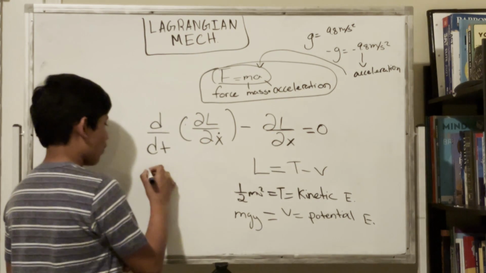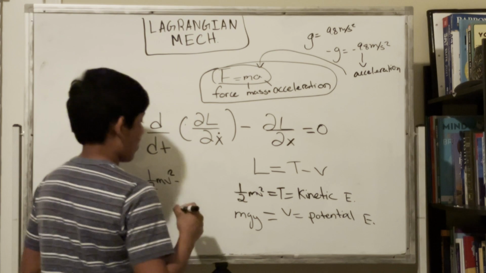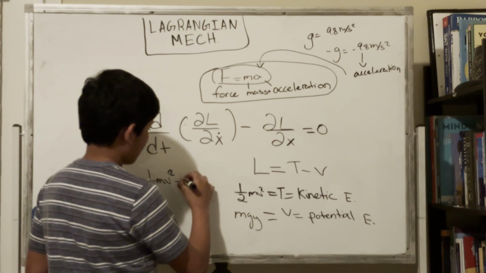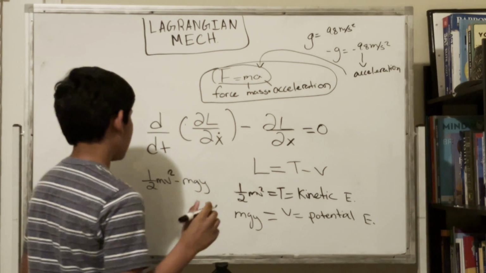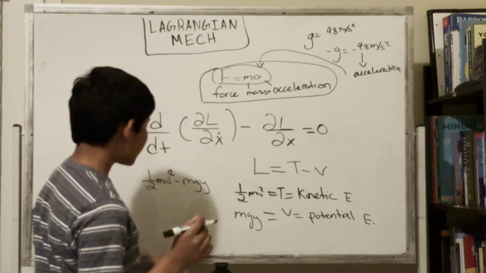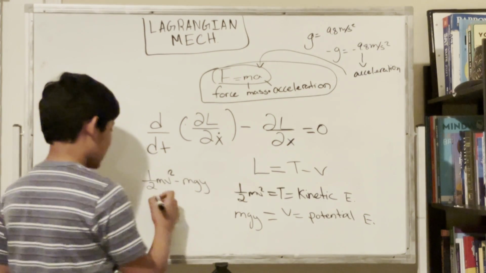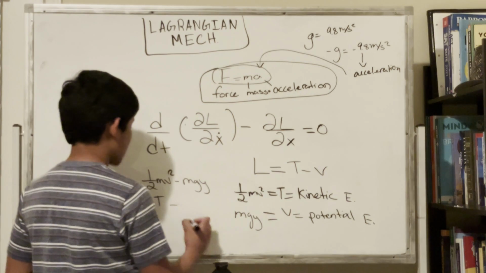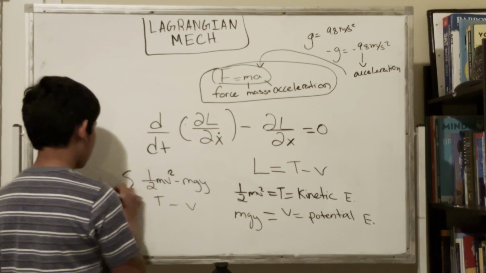We have 1/2 mv squared, and then we subtract mgy. So 1/2 mv squared subtracted by mgy. We're saying the kinetic energy subtracted by the potential energy, and this is equal to the Lagrangian.